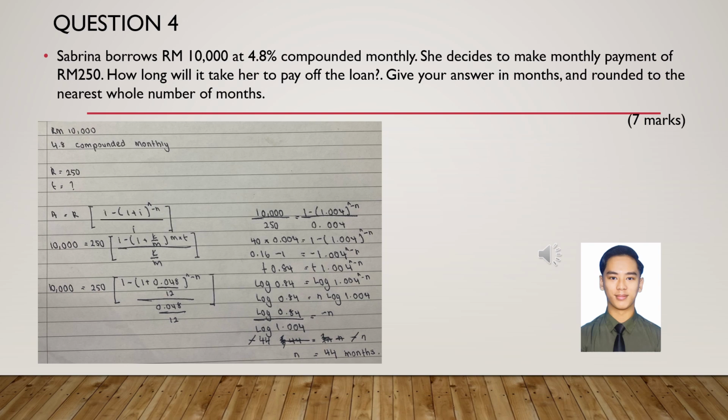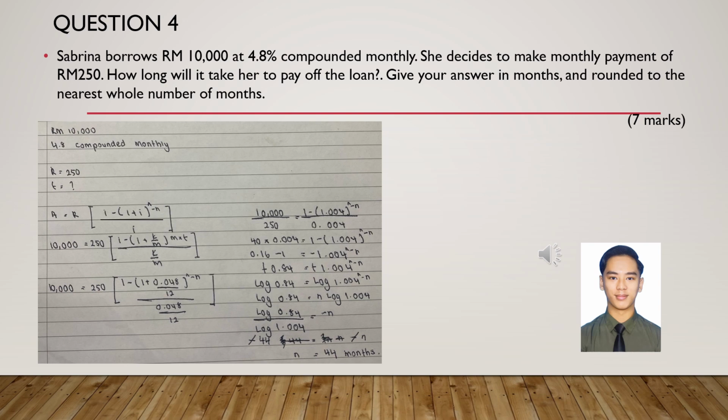So the next is 10,000 over 250 equals 1 minus bracket 1.004 power negative N over 0.004.